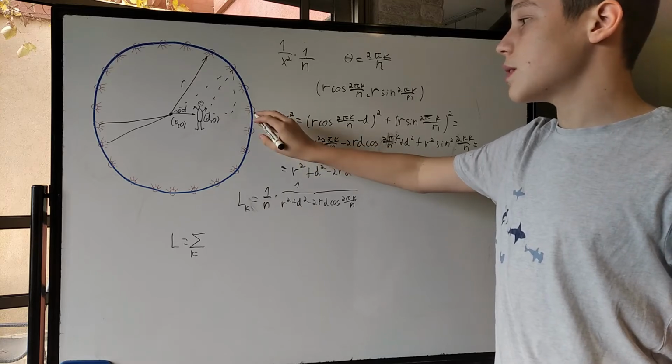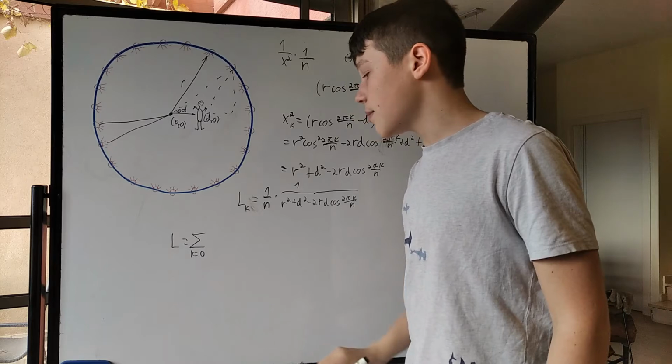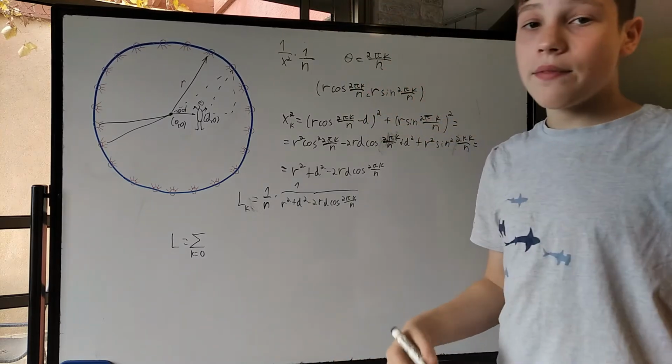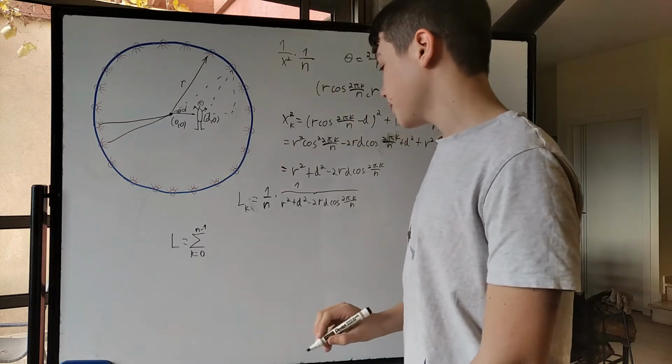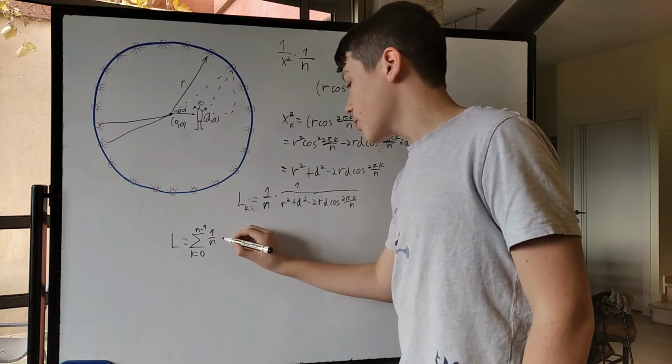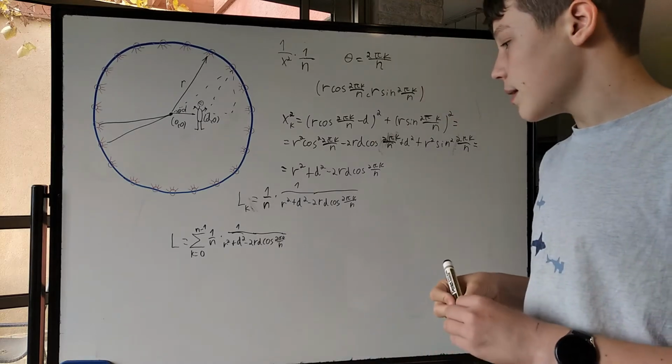We call this one the 0th light bulb, the one that's on the x-axis. So k starts at 0, and because we need n light bulbs, we need to end at n minus 1, of 1 over n times 1 over the distance squared. Alright.